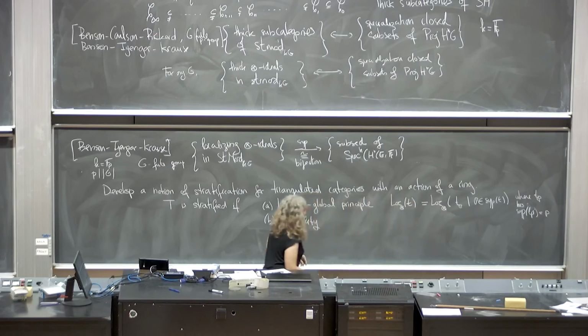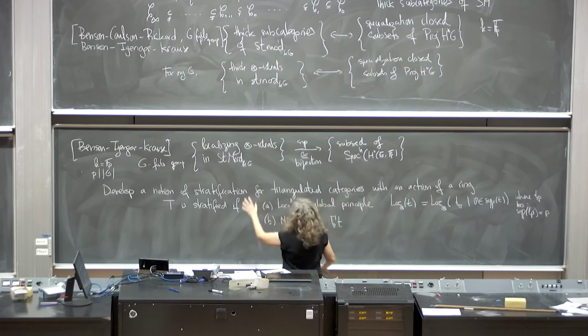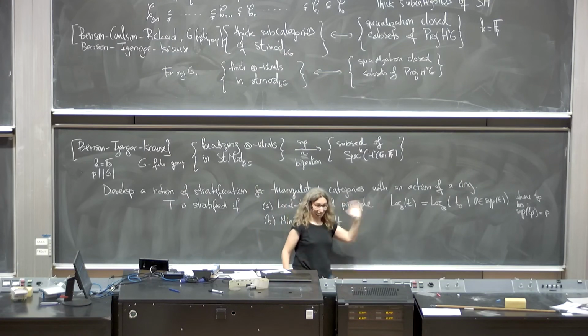And the minimality is saying the following. Here the primes are the primes in the spectrum of the ring acting on the category, but later on, it will be the Balmer spectrum.